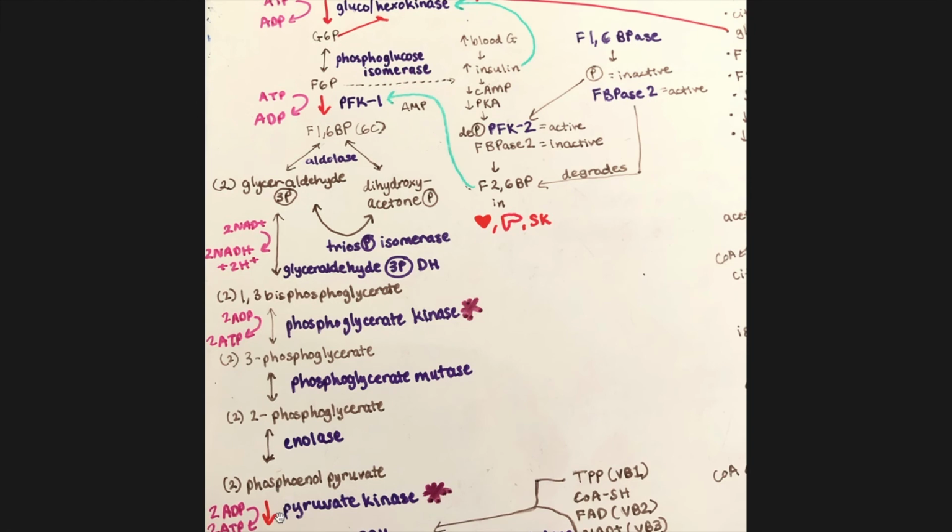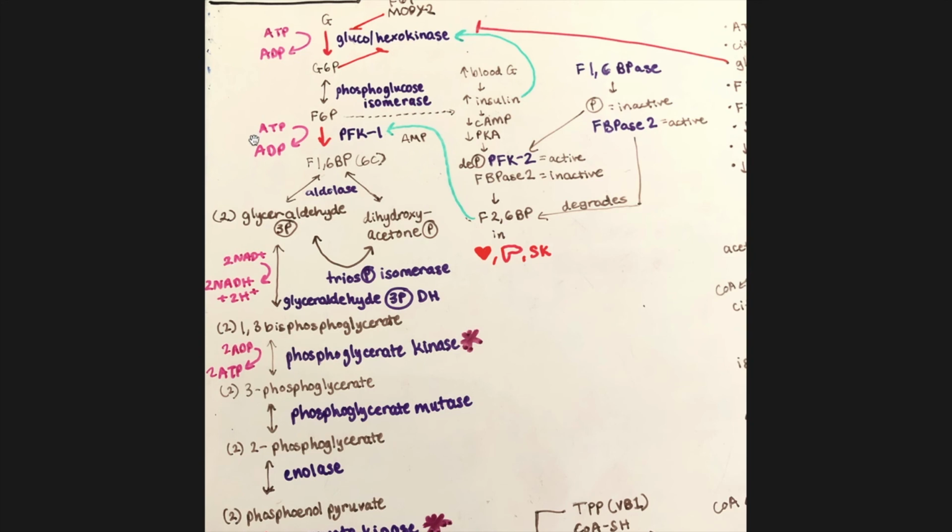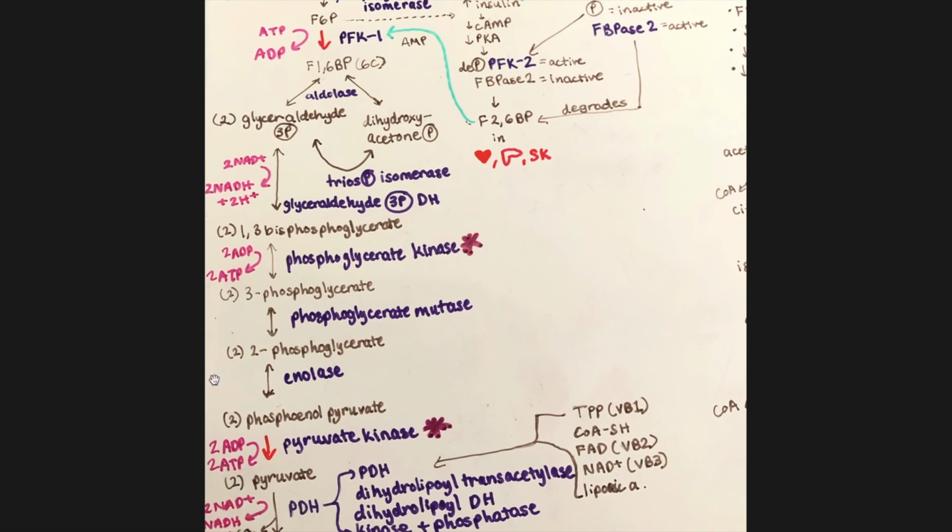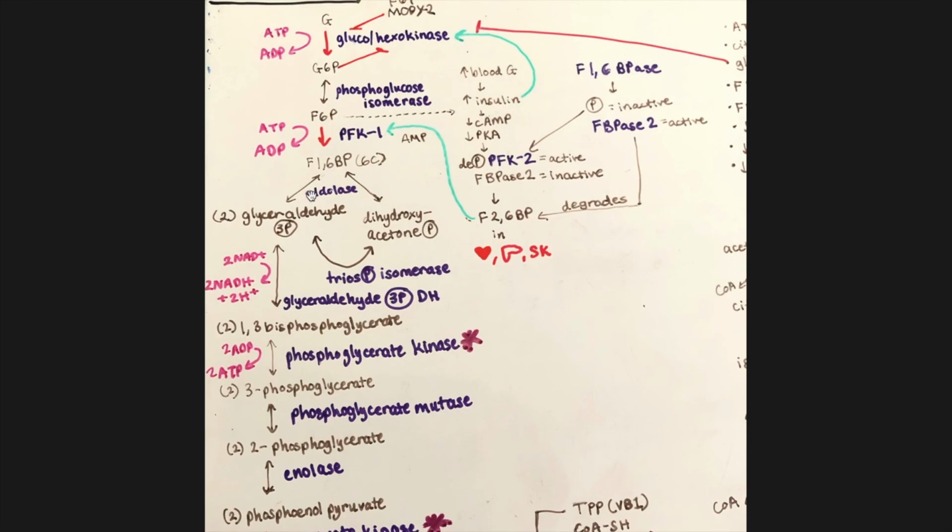Well, we formed 2 pyruvate molecules. We formed 2 ATP here, 2 ATP here, so 2 plus 2 is 4 ATP. We used 1 + 1, 2 ATP in the energy investment phase. So basically we got 4 ATP minus 2 ATP, which makes 2 ATP.